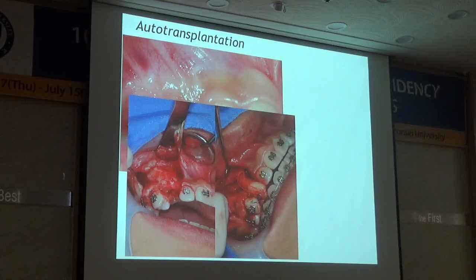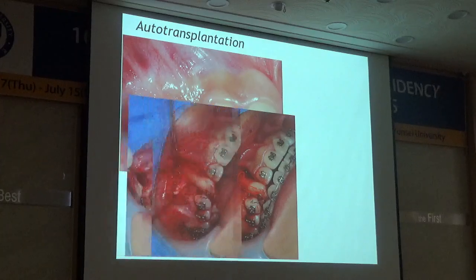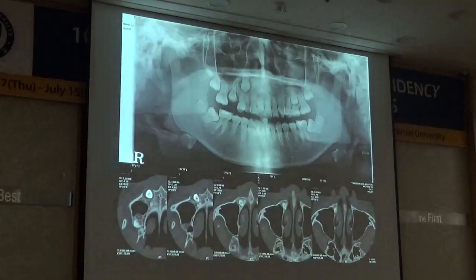The tooth may come out, but it was different when we did the orthodontic procedure, because the root was curved like this. Even though we do very hard orthodontic movement, there was a blockage by the curved root. So that was the cause of the failure. So I grafted like this.